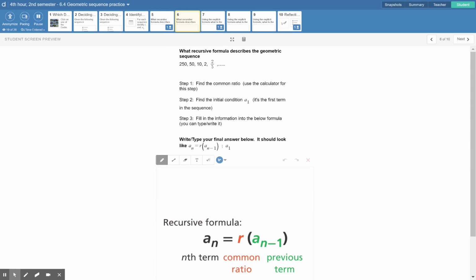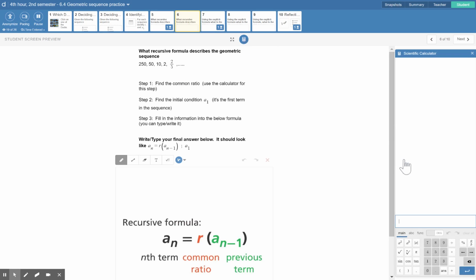So for number 6, same idea. Find that ratio. Use parentheses. Your parentheses are going to be very important. And then it gets easier.